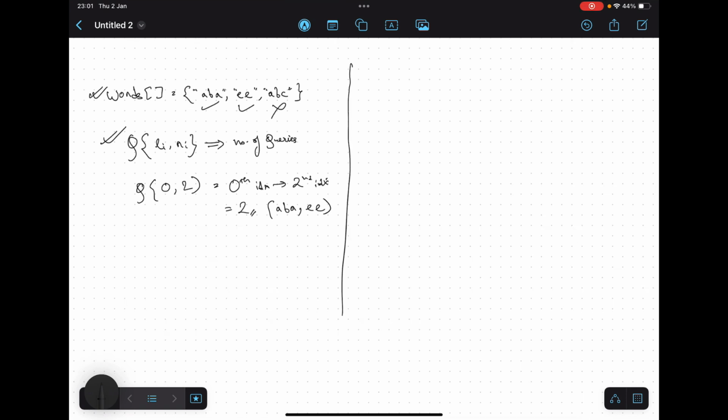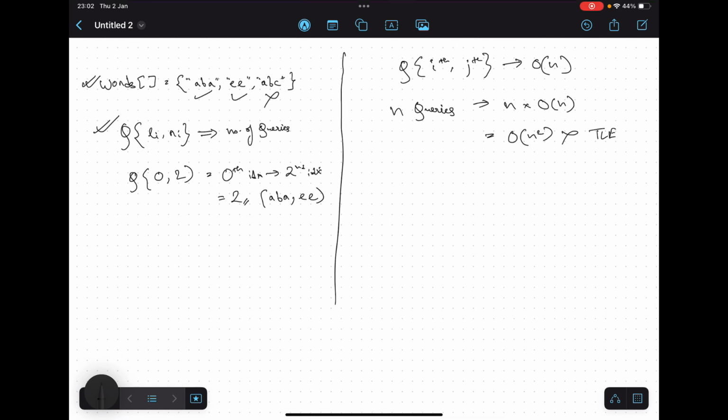The reason we need prefix sum here is because any query from the ith index till the jth index would take O of n time to solve. And if we are given n queries, our whole processing will take n into O of n, which would go to n square, and this won't be a correct solution because it would give us TLE.